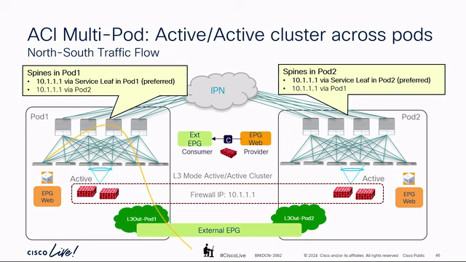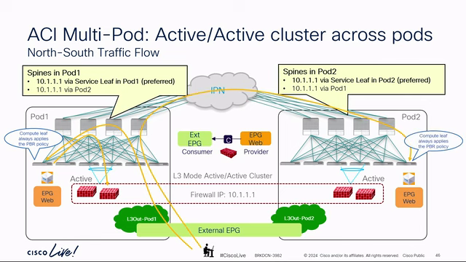And then when redirection happens, because of the Anycast service feature, for 10.1.1.1 location, we always prefer the local location so that we can avoid selecting a remote location and then traffic is coming back. So it can optimize the traffic path. Of course, if all of the firewalls in the local pod are down, you can still use the remote location.